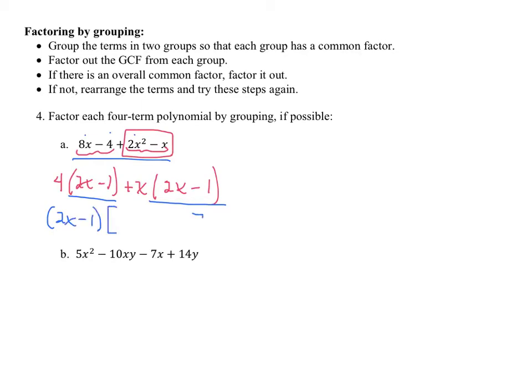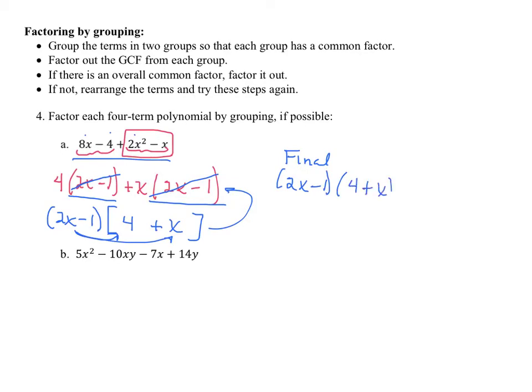And what do I have left? Well, he's gone. So I have 4 left, and he's gone because he's in front. Because then if I redistribute, you guys, I'll get back to here. Good? So the final answer is 2x minus 1 times 4 plus x.